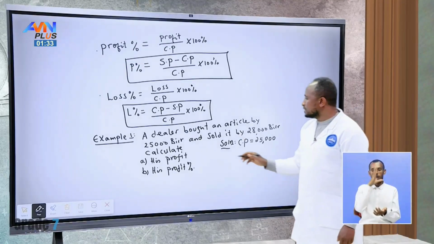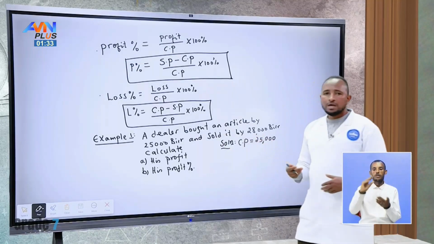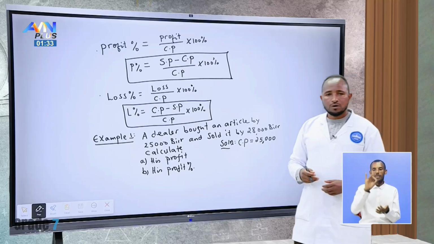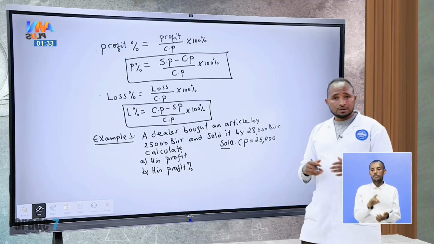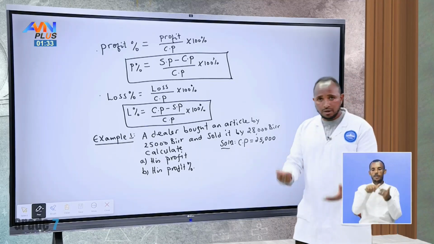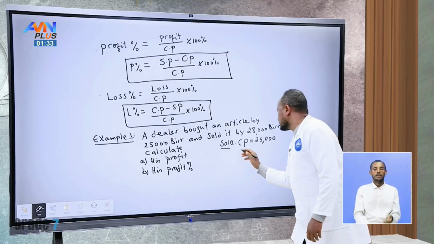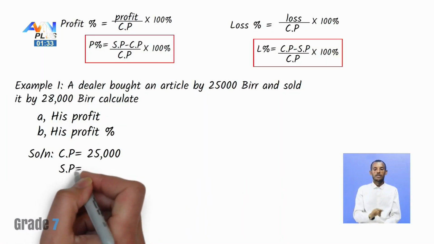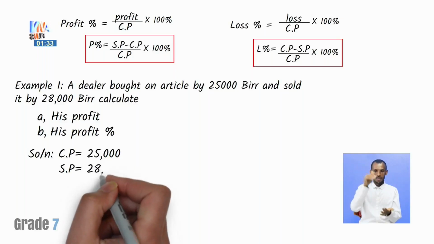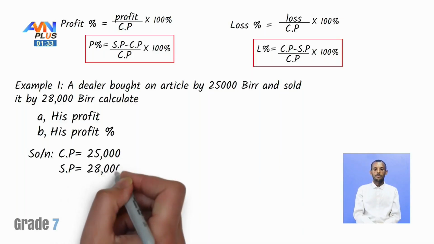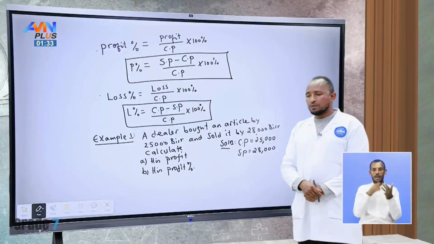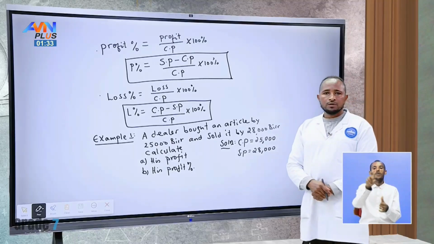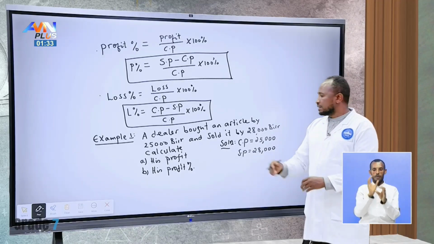And he sold it for 28,000 birr. This is the price at which an article is sold. Therefore, it is the selling price. Here, the selling price is 28,000.